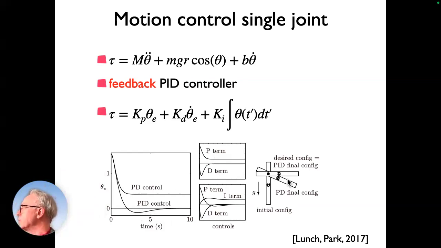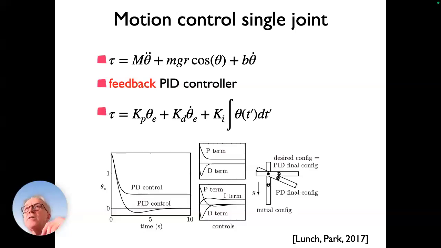If I want to control this, let's say I give as a target configuration this horizontal configuration, you see that in that configuration there is a constant term, the gravitational term, that is going to pull this down. Therefore it's not going to be enough to just send some torque that corrects things, right? These two correction terms go to zero when the error is zero.